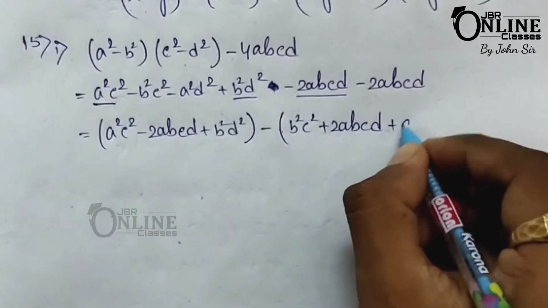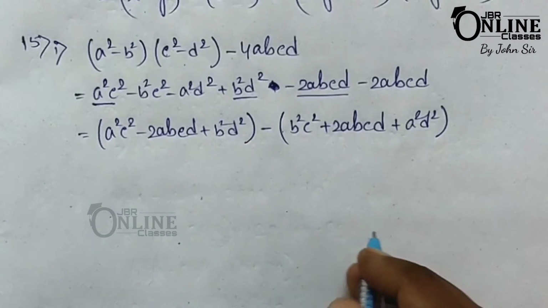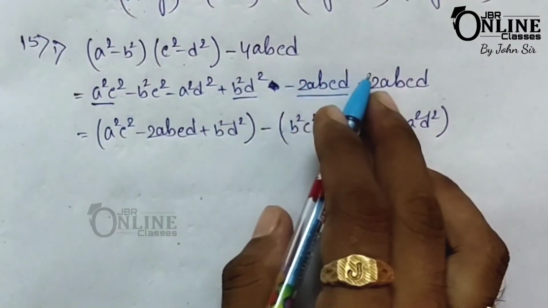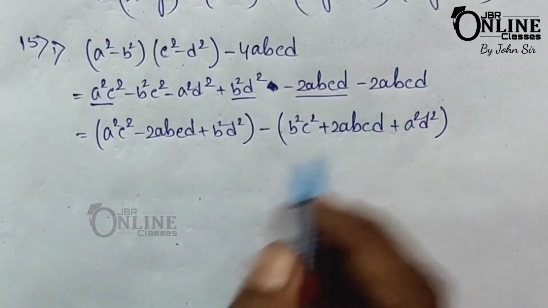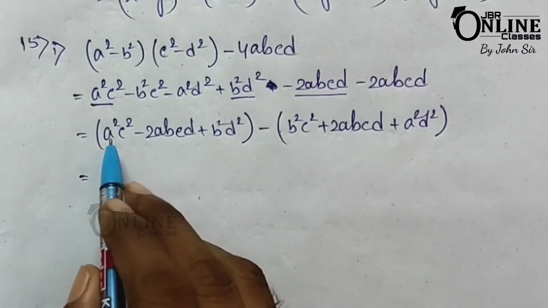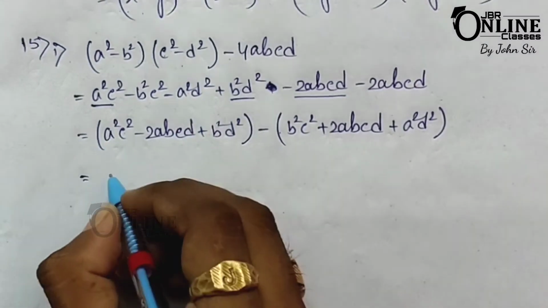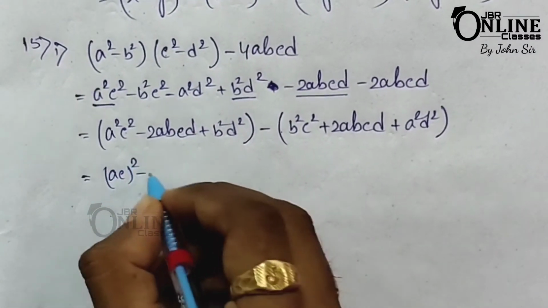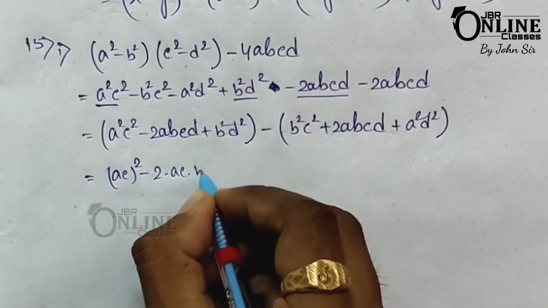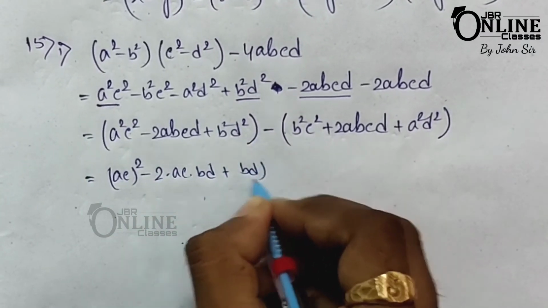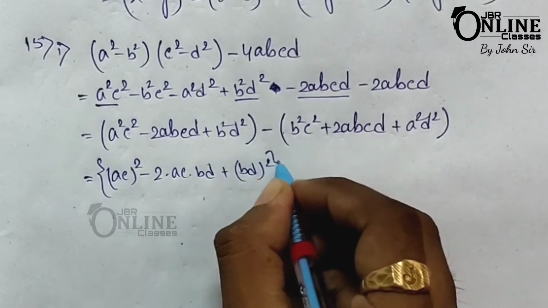Now next one, a square d square. Okay, so you can arrange the following expression in this way. So after arranging, as here a square c square, so it will be ac whole square, and then 2 into ac into bd, now here bd whole square. So that is the first one.